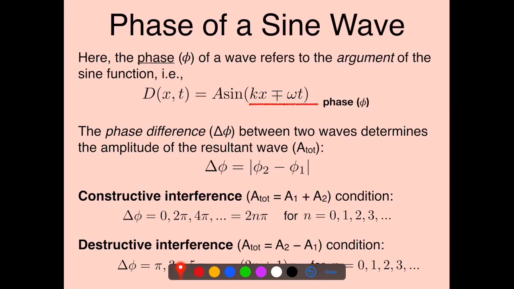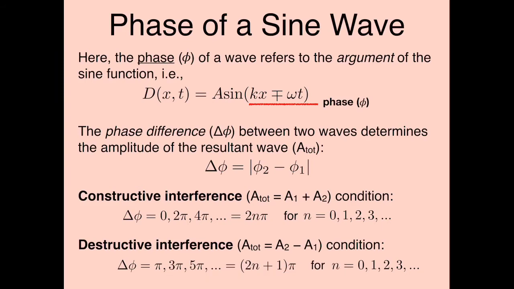So in this context, when we're talking about the phase of a wave, we're talking about the argument of the sine function. In other words, the quantity that's inside of the sine function. So this whole quantity, kx minus or plus omega t, is the phase of our wave. So if we know the value of this quantity here, then we know the phase of our wave.